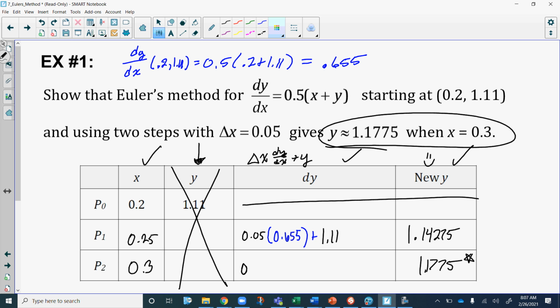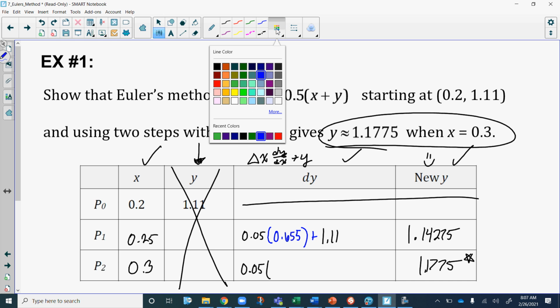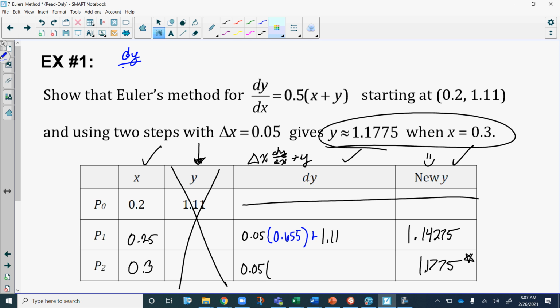So again, the delta x doesn't change. It's 0.05. Now delta y, or the dy dx, that is going to change. So let me get rid of this bit here, and we can repeat it with the second step. So dy dx, and now we're looking at the 0.025, nope, not 0.025, but 0.25, and 1.14275.